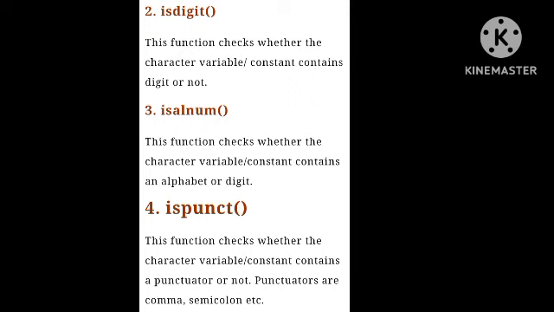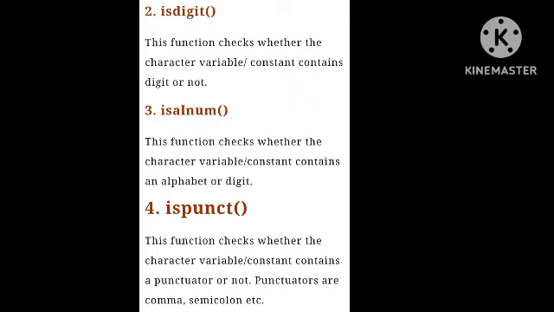Next one is the isalnum function. This function checks whether the character variable or constant contains an alphabet or digit. Next one is the ispunct function. This function checks whether the character variable or constant is a punctuator or not.